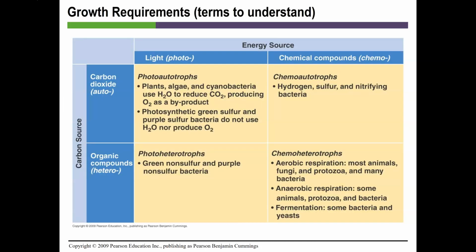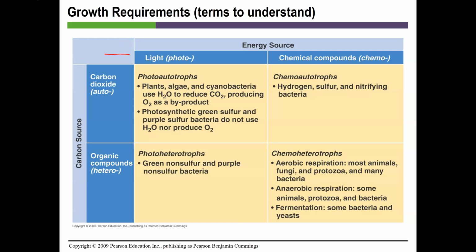If we look at this table from your chapter, it divides microorganisms into 4 major groups. You can understand these groupings if you understand the energy source and the carbon source. Across the top of this table, we have 2 different types of energy sources.